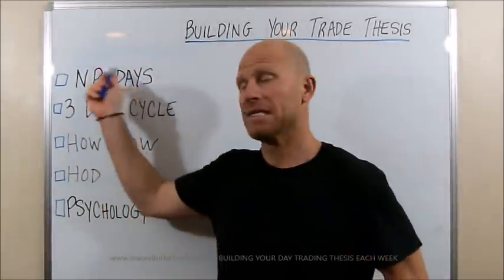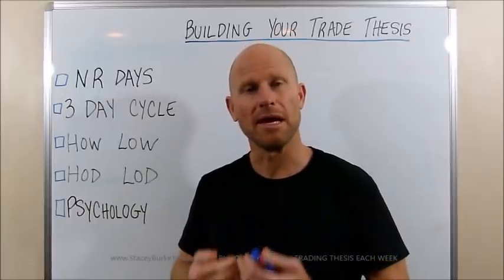We're going to look at some examples of the narrow range days. Narrow range days will typically be where an area compresses either at the end of the week or the beginning of the week before it's about to make another potentially explosive move.